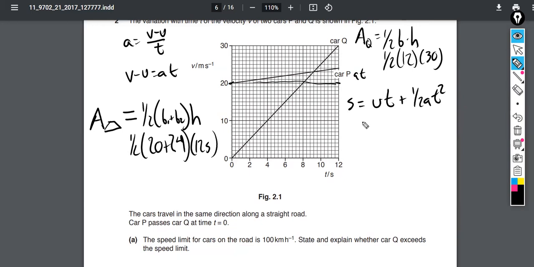While we're at it, if we plugged in 20 times 12 plus 1/2 times 0.33 times 12 squared, that number should be the same as this one, right? Because they're solving for the same thing. It's not immediately obvious, but let's hope it works.